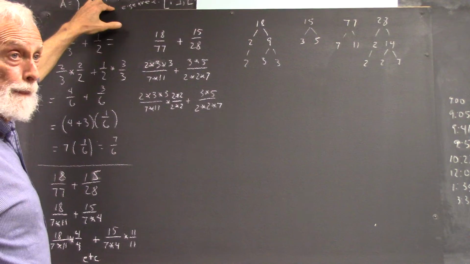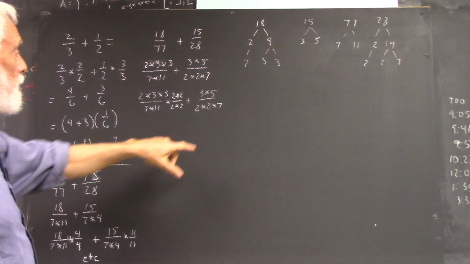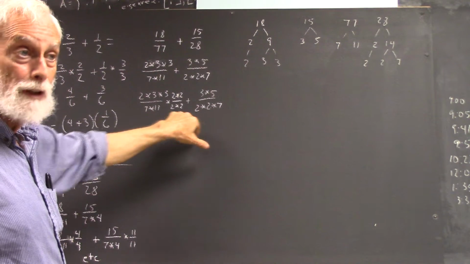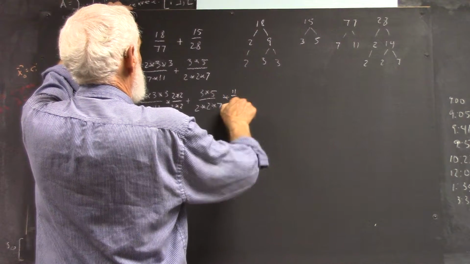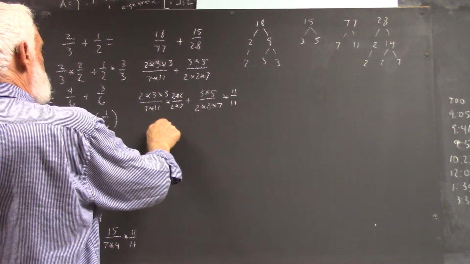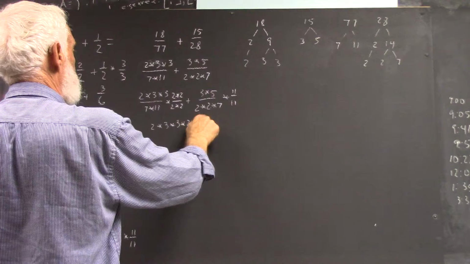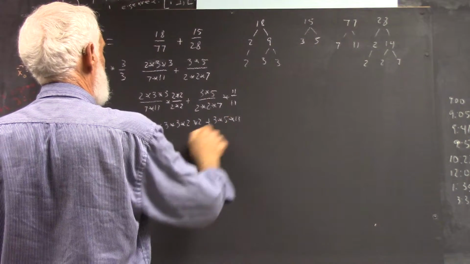Okay? And over here, we got this much. What does this have that this one doesn't? The 11, right? So multiply that by 11 over 11. Okay? Which gives us 2 times 3 times 3 times 2 times 2 plus 3 times 5 times 11.